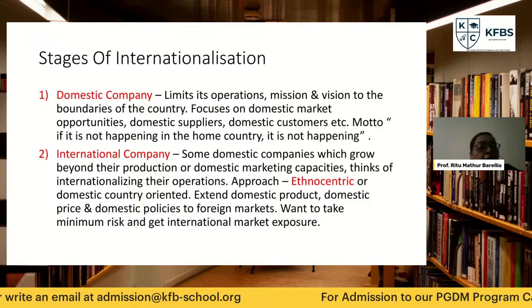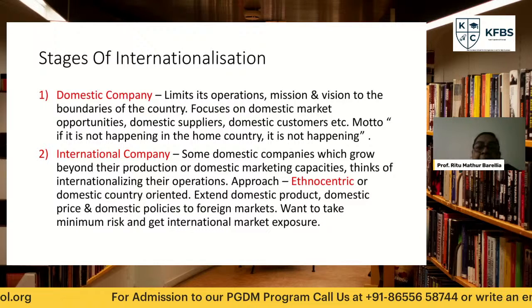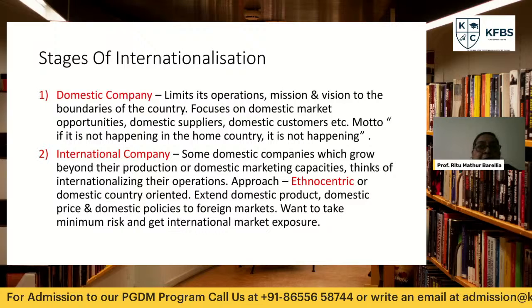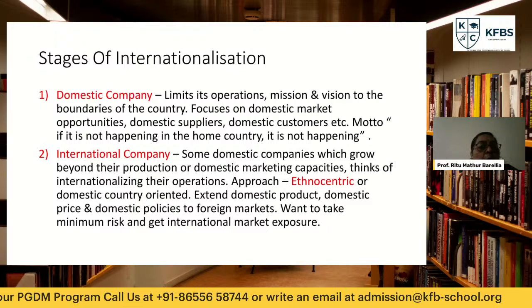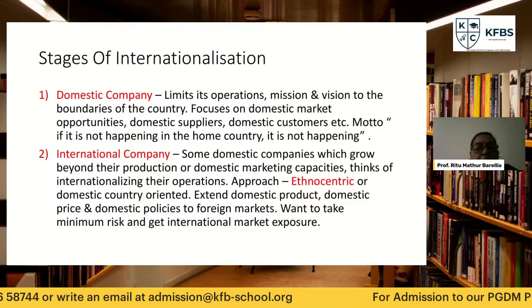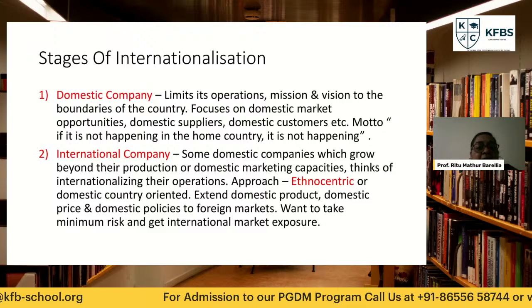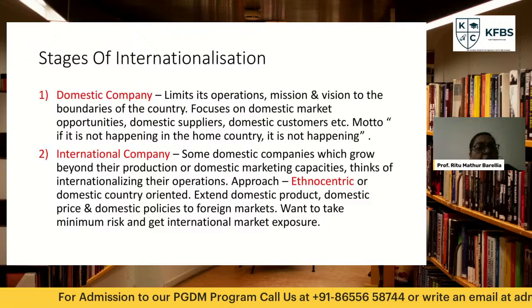The second category of companies is an international company. Now, sometimes it happens that the domestic companies produce goods which are more than the requirement of their own country. So, when they produce goods in excess, they think of internationalization.